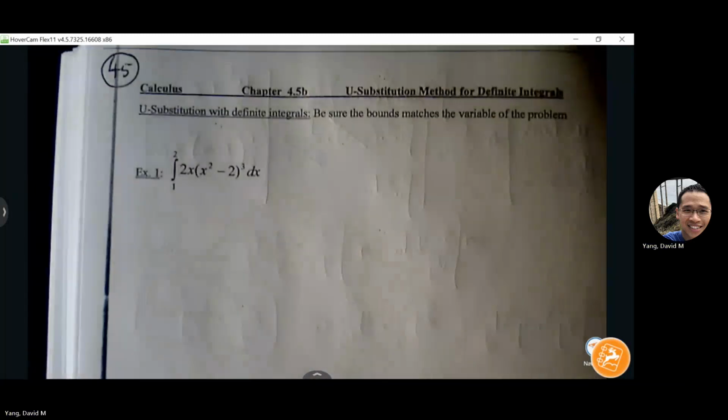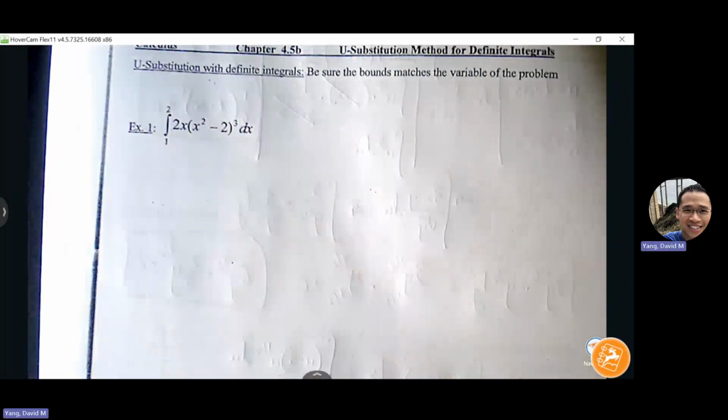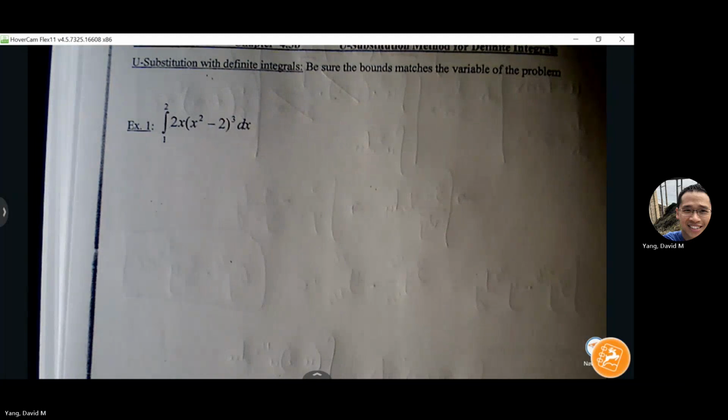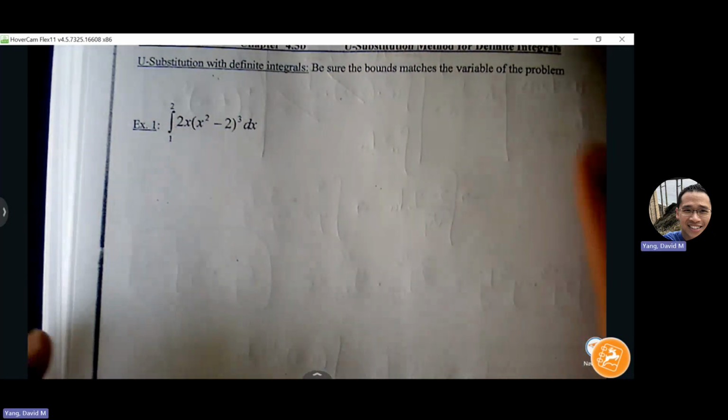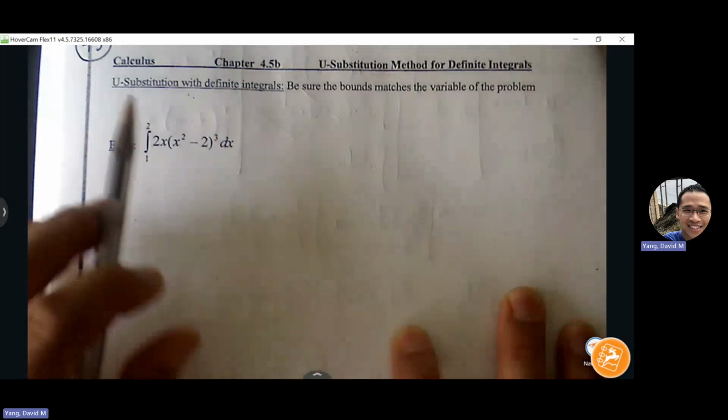Okay, involving u substitution with definite integrals. Basically, it's just one step beyond this. You just plug in your upper and lower bound after you finish your problem, right? Okay, so let's look at example 1 here.